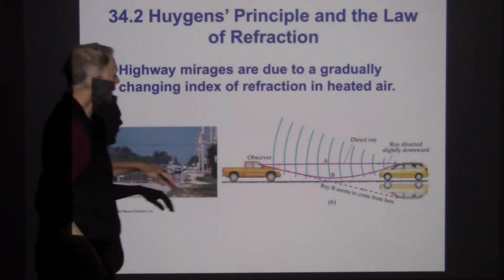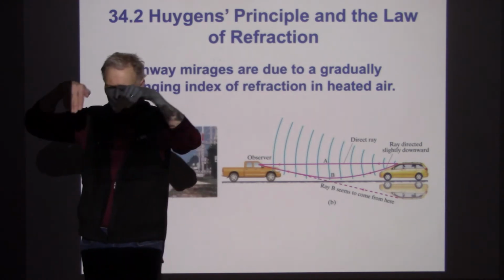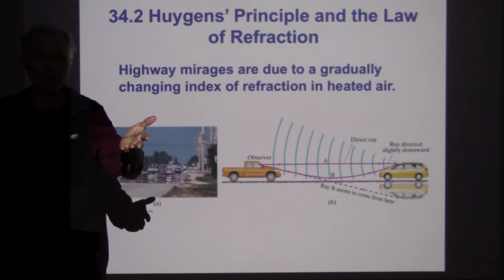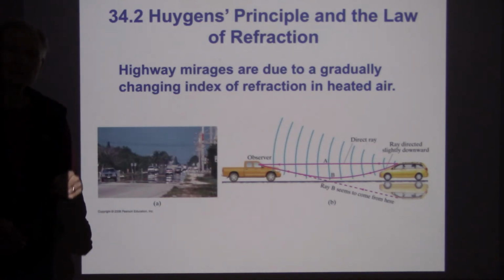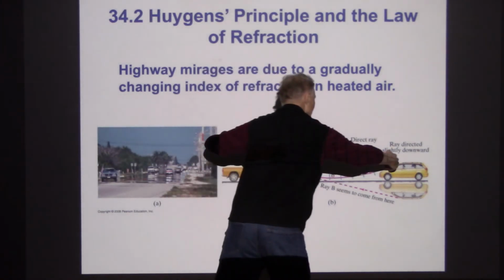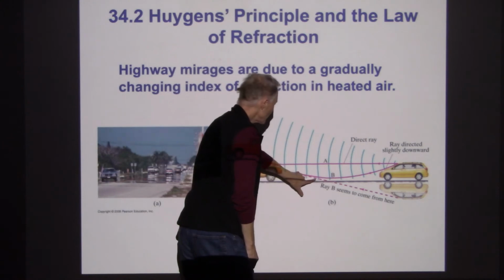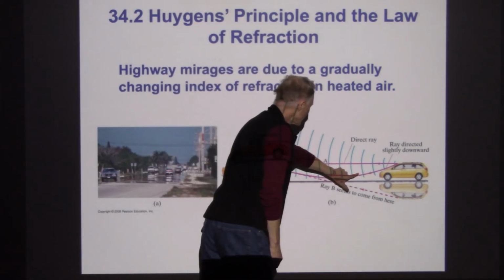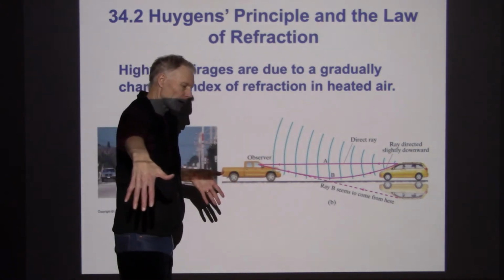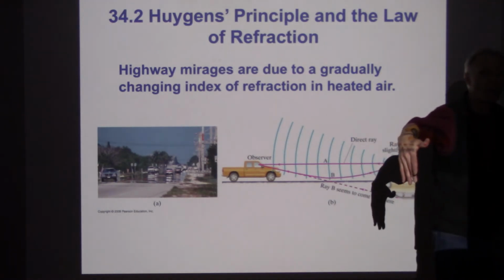So we have air that's superheated right here, and as the light goes into that, the speed changes, right? It's the same as refraction. The air near the surface is now less dense, so the light over there travels faster, the light over here travels slower, and those differences, again, marching band, if one side is going faster and the other is going slower, you're going to curve.